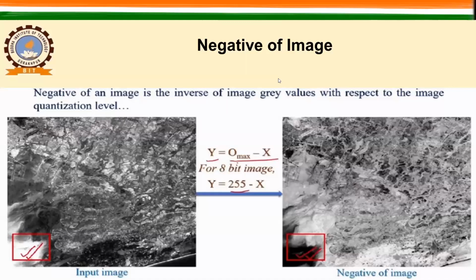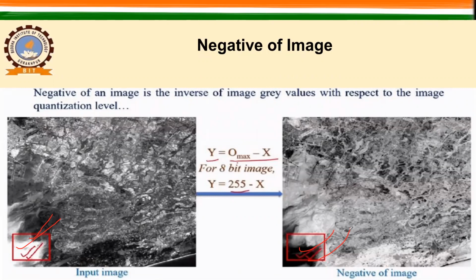Why is it happening? Because it is just the negative of the image, because we are subtracting from the maximum value of the image quantization level. So that gives you the inverted image.